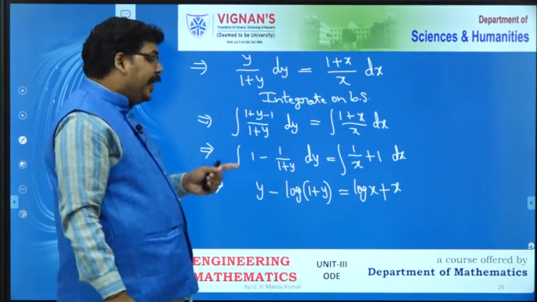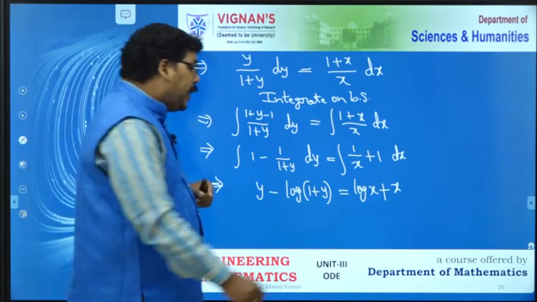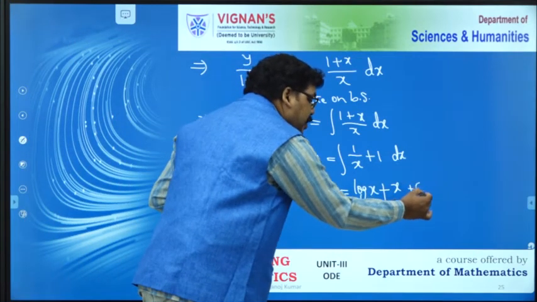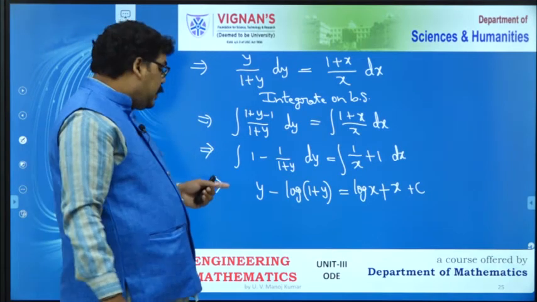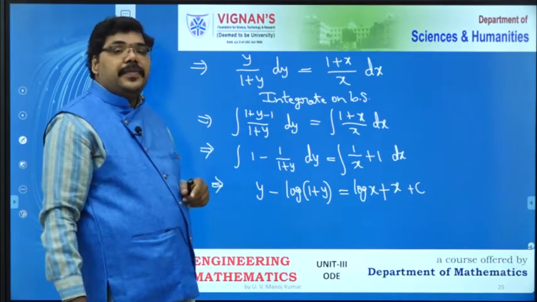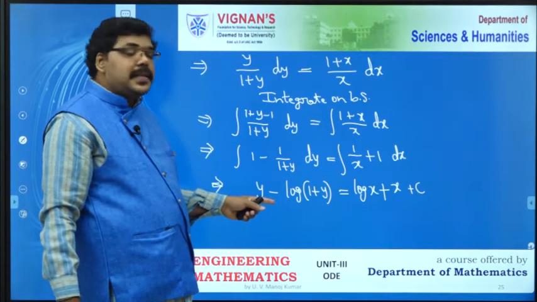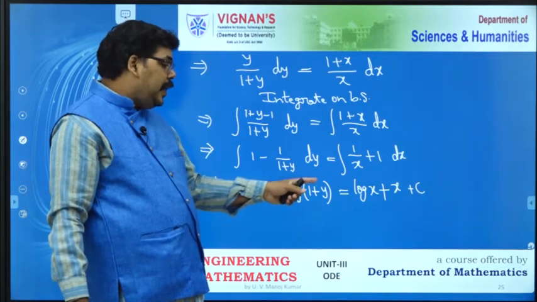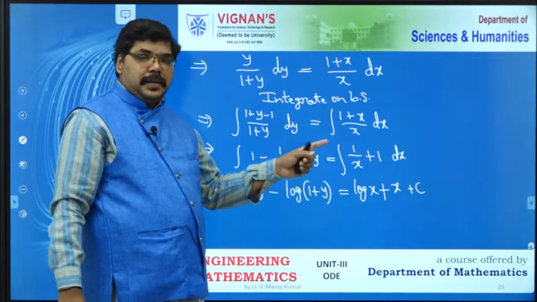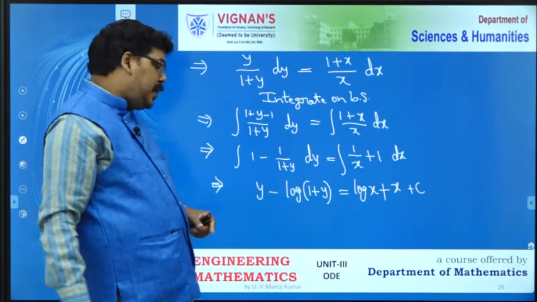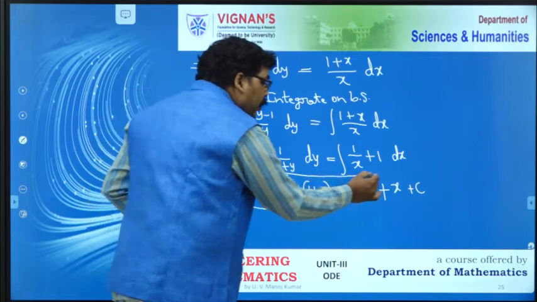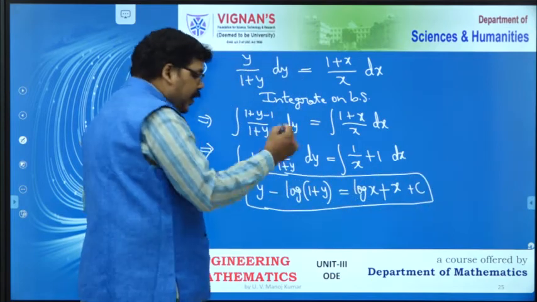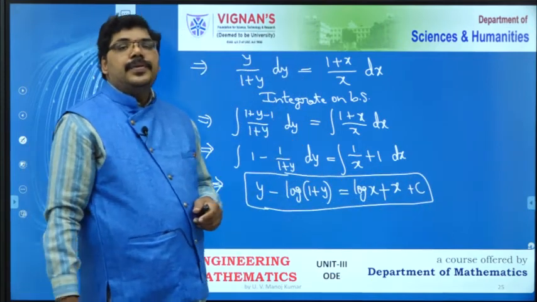After integrating every term, you have to add an integrating constant plus c. So therefore, the solution of the given differential equation is y minus log 1 plus y equals log x plus x plus c. This is the general solution obtained for the given differential equation.